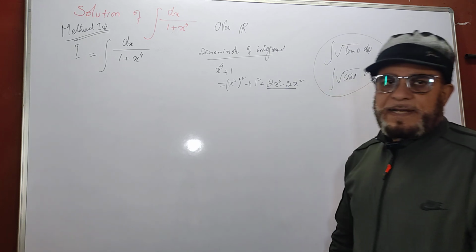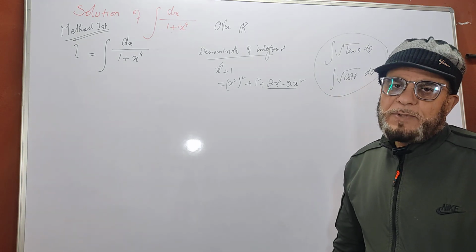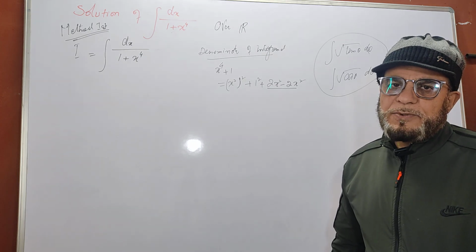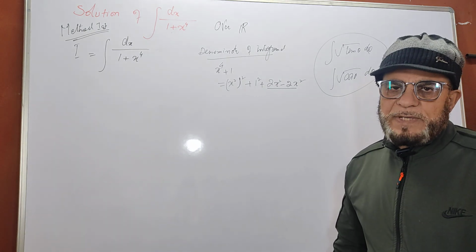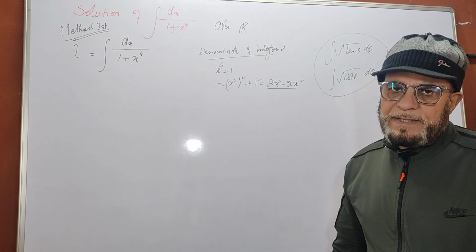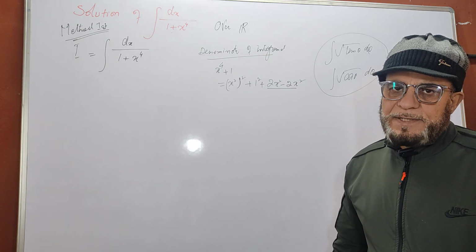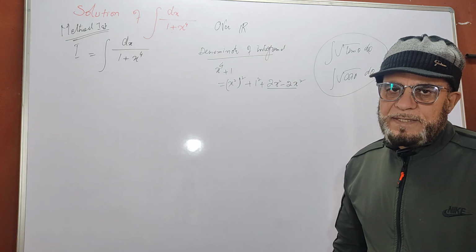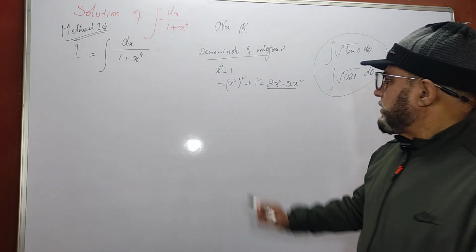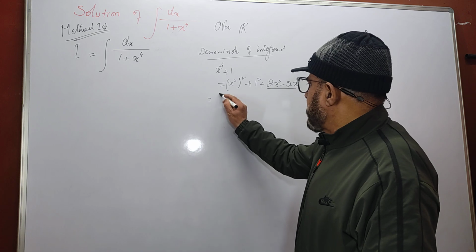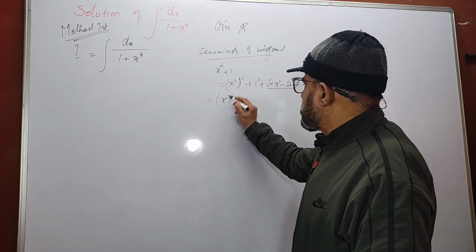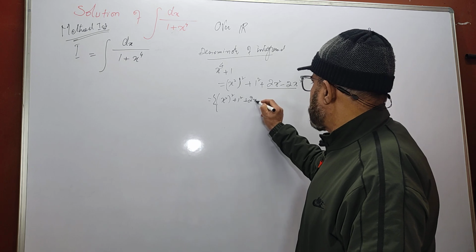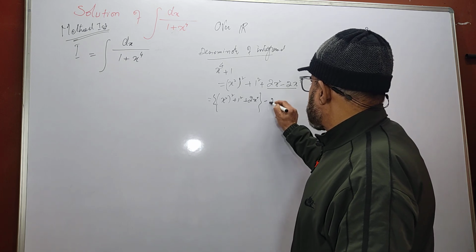I am adding and subtracting 2x^2 because it is missing here: plus 2ab and minus 2ab, when my a is x^2 and b is 1. Okay, now you connect this. This is your (x^2) whole square plus 1 square plus 2x^2 minus 2x^2.